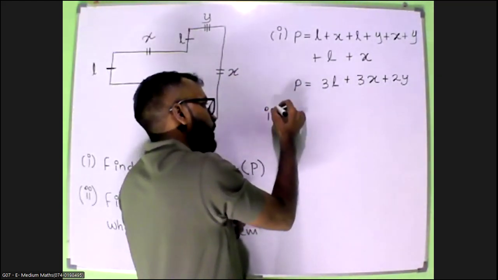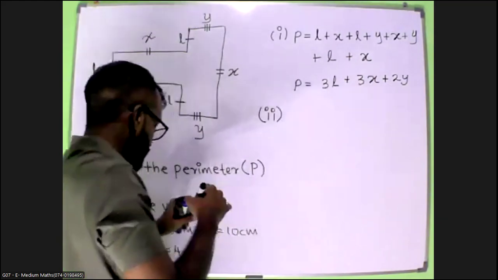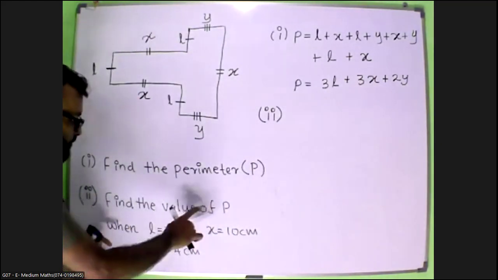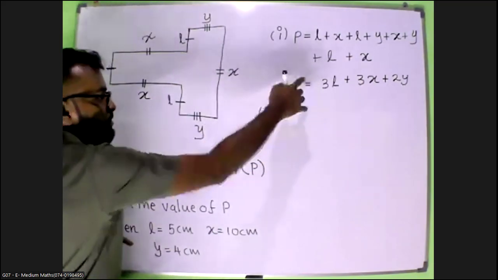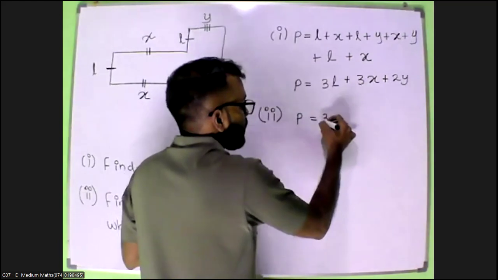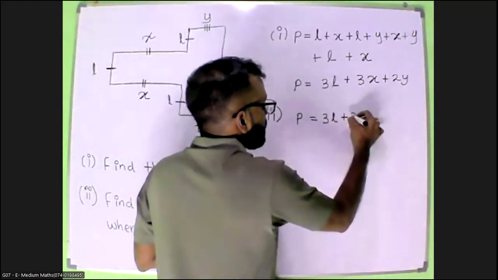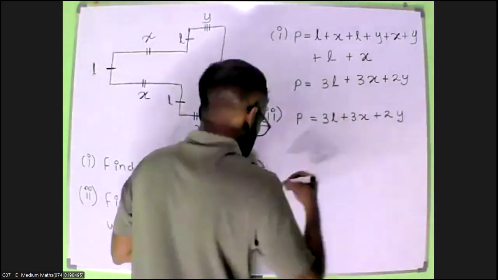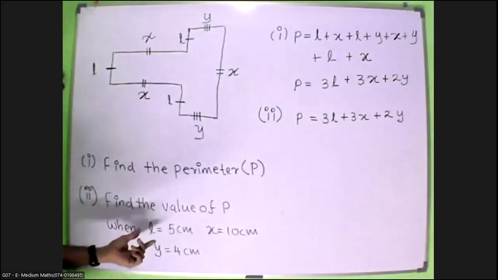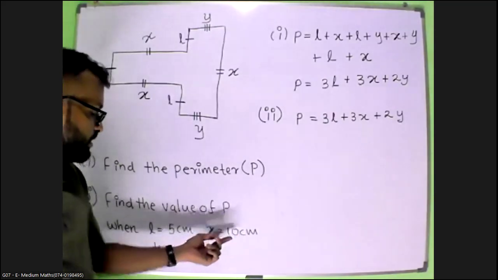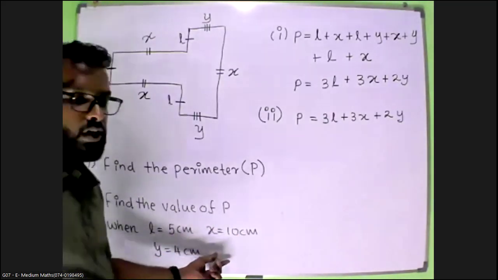Second one. Find the value of P. So I will write it again. P equals 3L plus 3X plus 2Y. When L equals 5 centimeters, X equals 10 centimeters, and Y equals 4 centimeters.